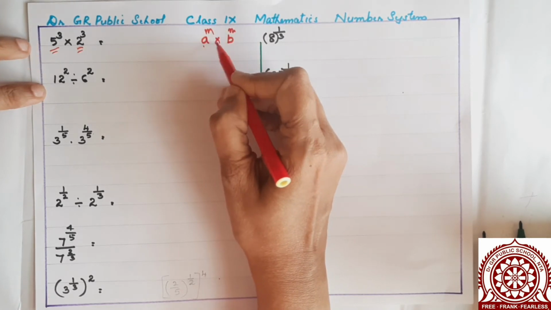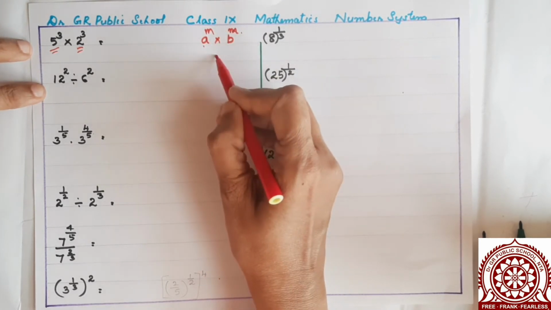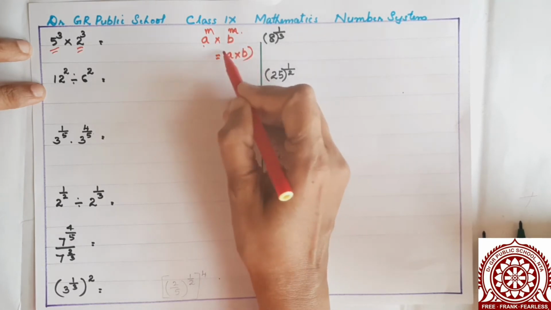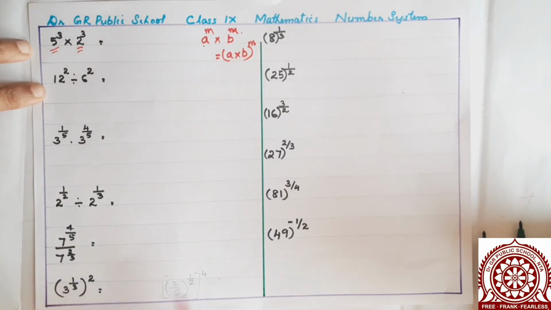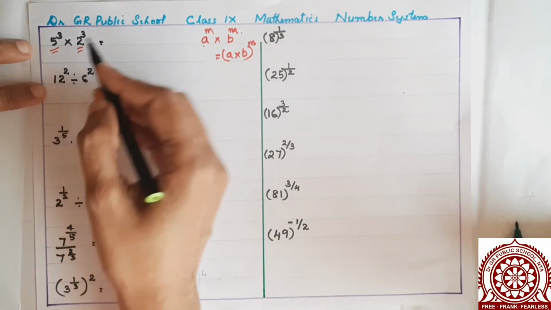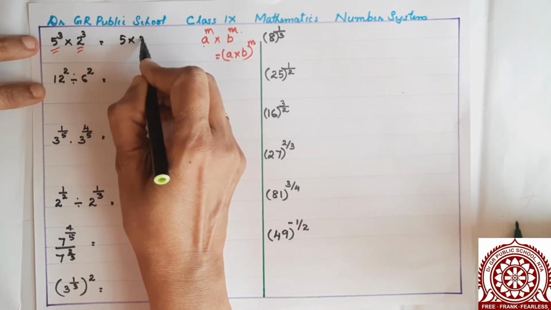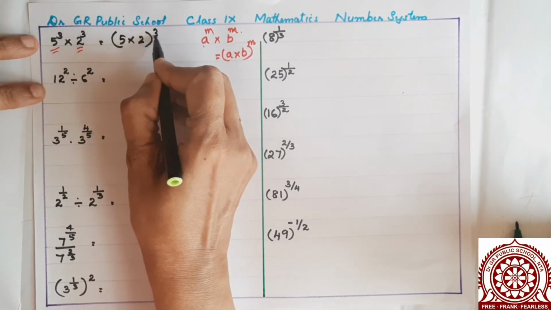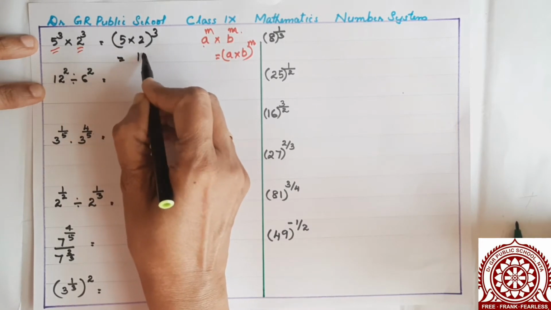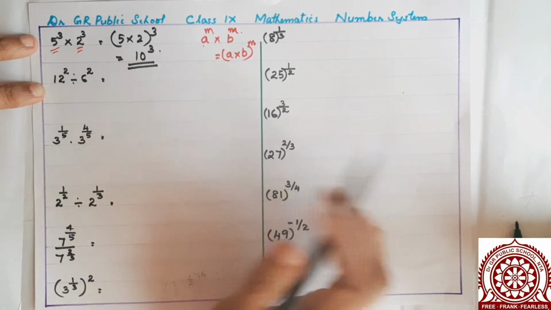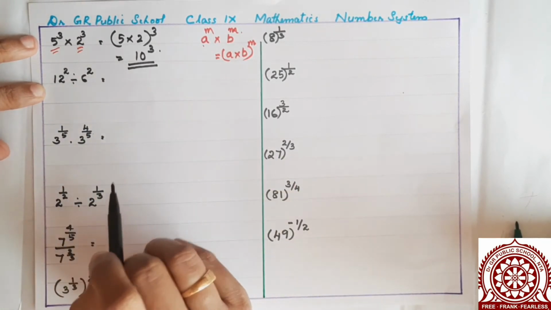So A raised to M into B raised to M, that we have discussed. What is it? A into B, the whole raised to M. So here we can write A into B, that is 5 into 2, the whole raised to M. Here what is M? 3. So it is 10 raised to 3. If you want, you can write it as 1000.